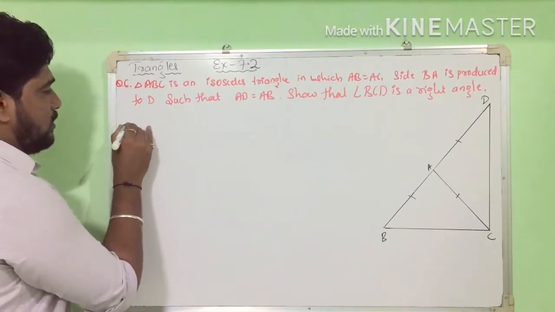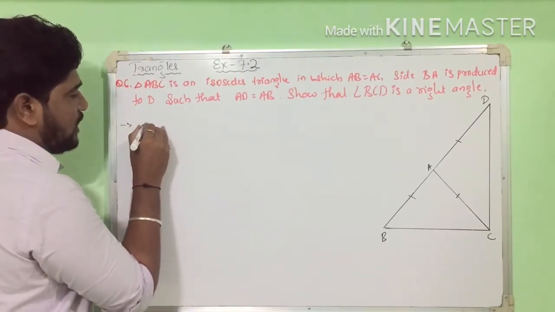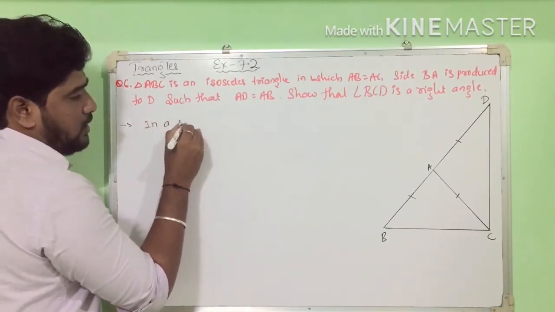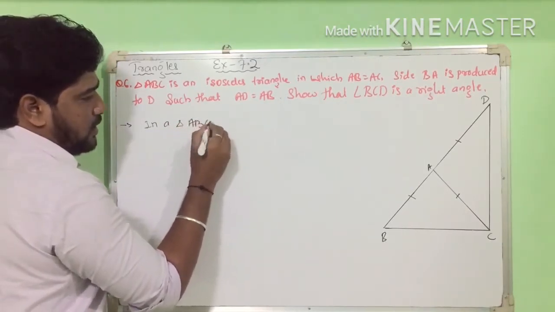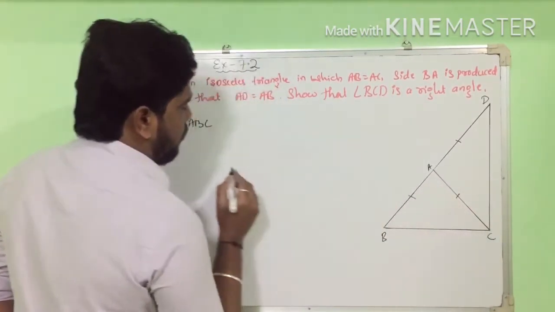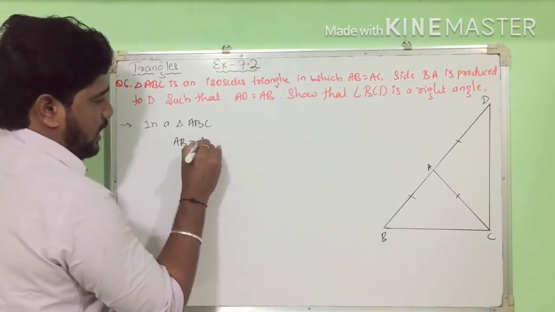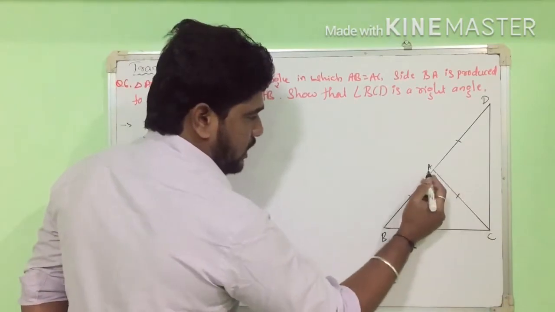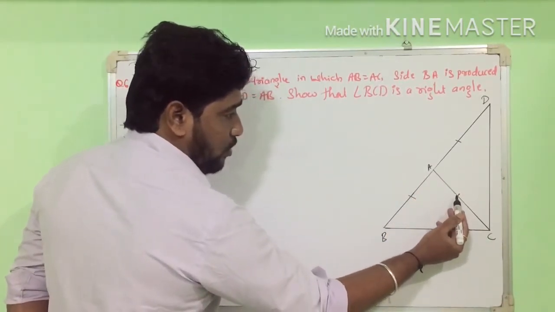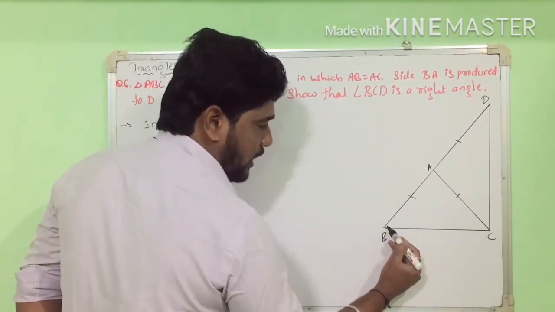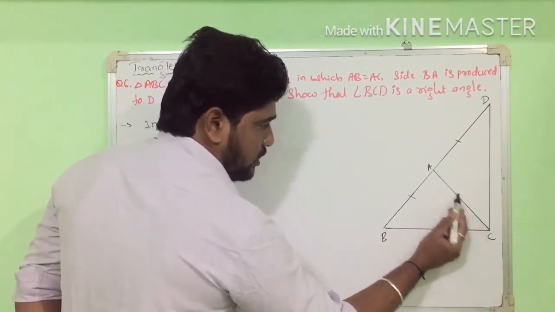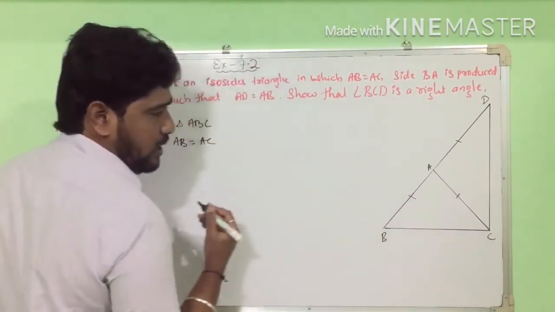So let me solve here. So first write down, in triangle ABC, given that AB is equal to AC. It means equal sides' opposite angles are equal. Angle ABC is equal to angle ACB.